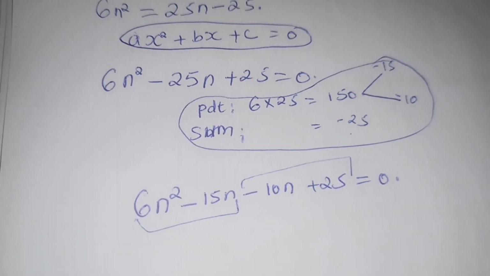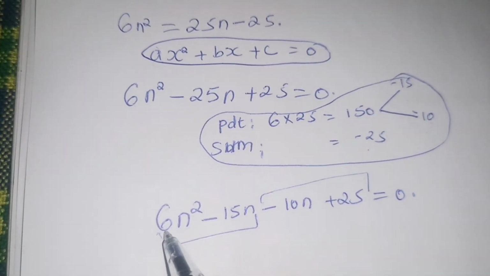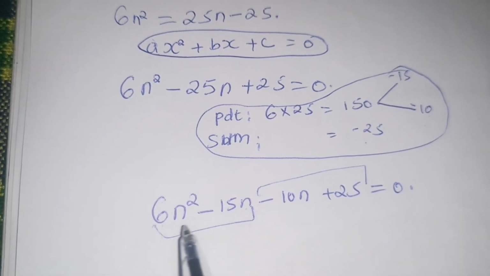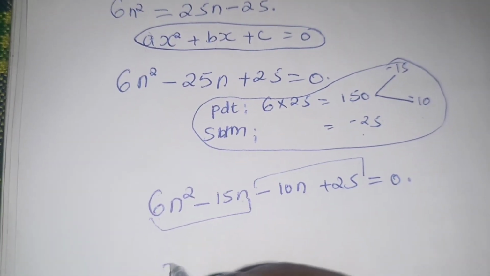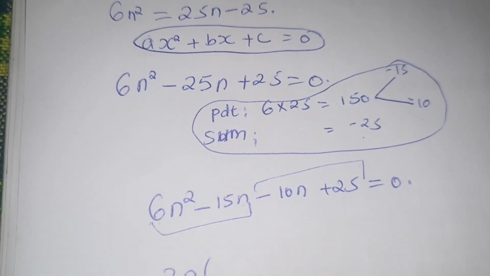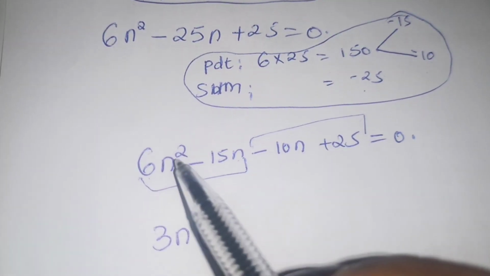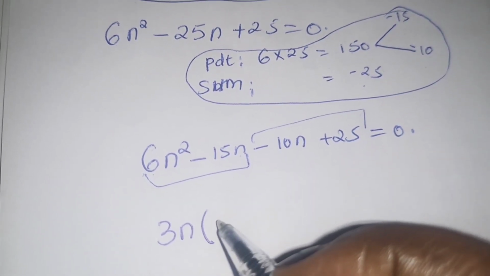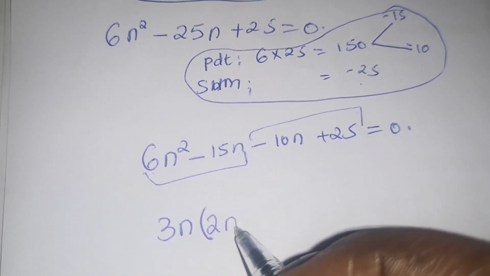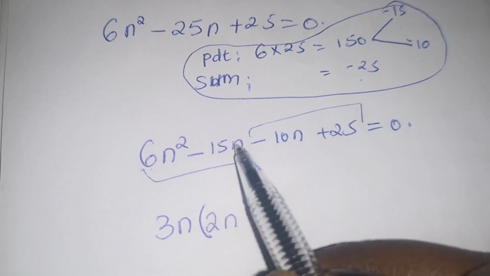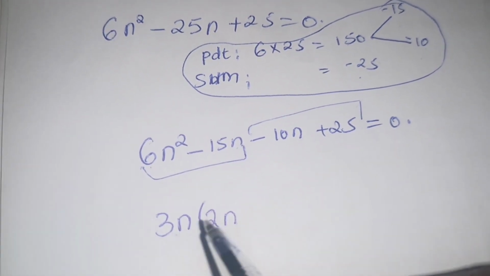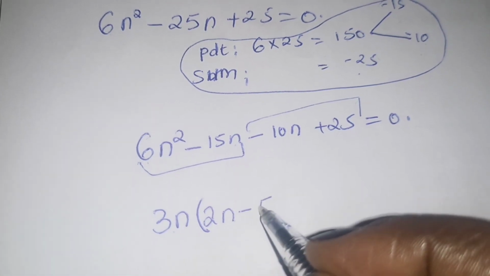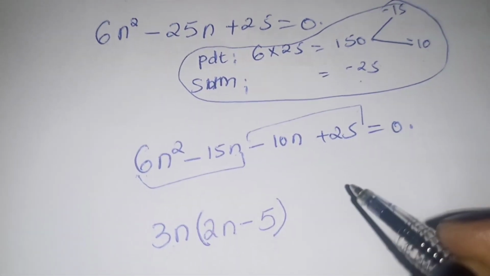In this case, in 6n squared and 15n, n is common, and also 3 is common. So we have 3n is common. So 6n squared divided by 3n leaves us with 2n. Then negative 15n divided by 3n leaves us with negative 5.